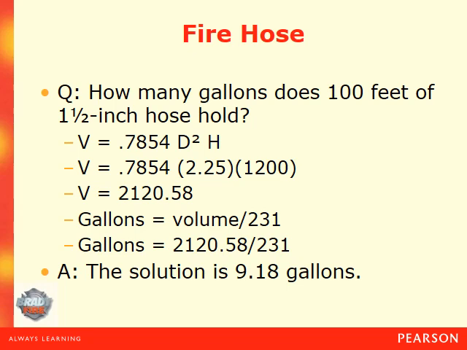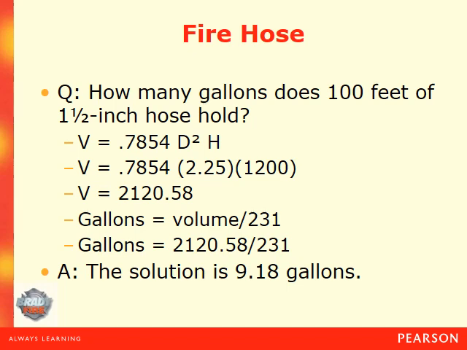So let's start this off. How many gallons does 100 feet of 1.5-inch hose hold? Volume equals 0.7854 times the diameter squared times the height, or in this case, again, the length. And the length has to be in inches. So 100 times 12 gives you 1,200. Our diameter, 1.5 times 1.5 gives you 2.25.